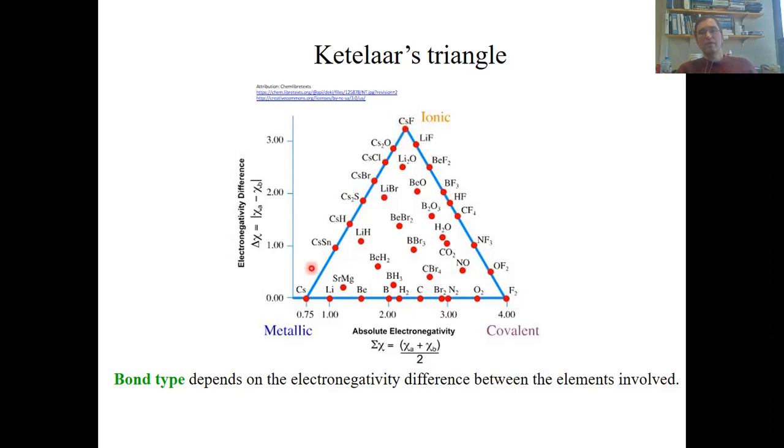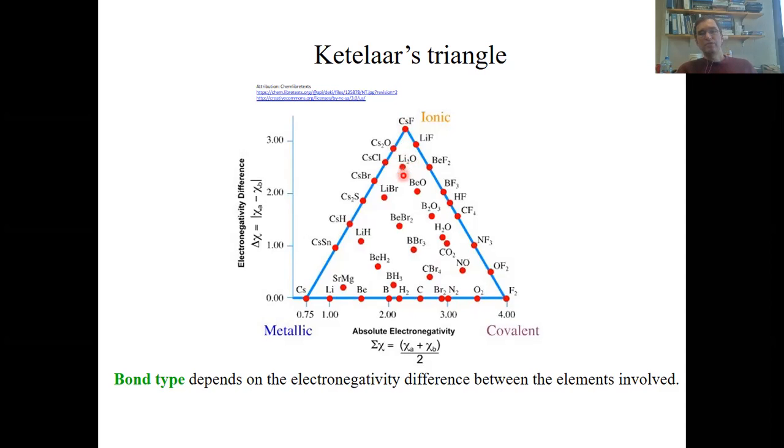Now all other compounds must lie within this triangle. And the position in this triangle defines the percentage of ionic character, metallic character, and covalent character in the bonding, respectively. Lithium oxide, for instance, is located fairly close to cesium fluoride, so we would say that it's quite ionic, but it has also some other contribution from metallicity and covalency.